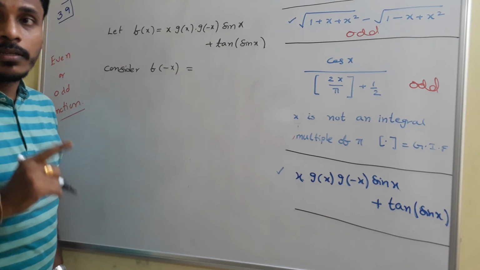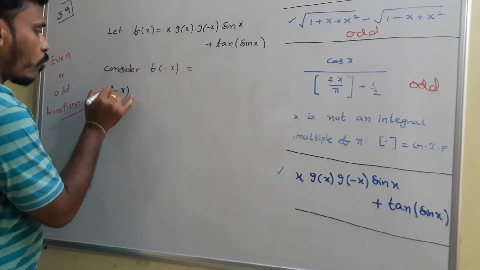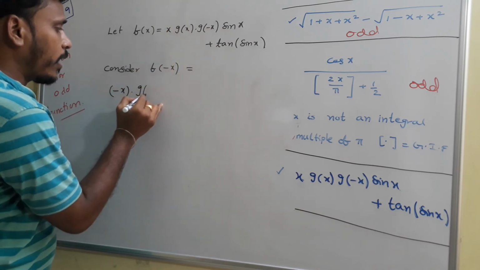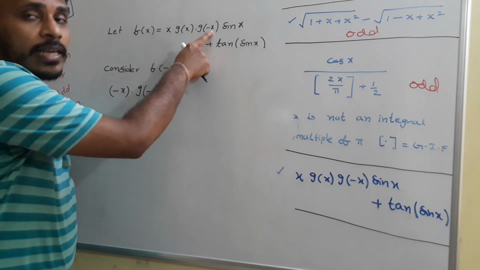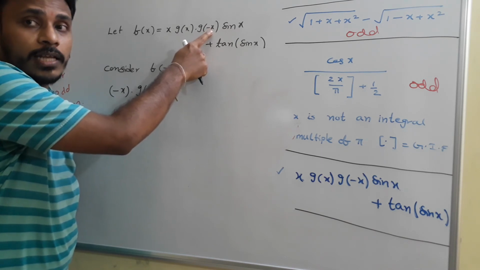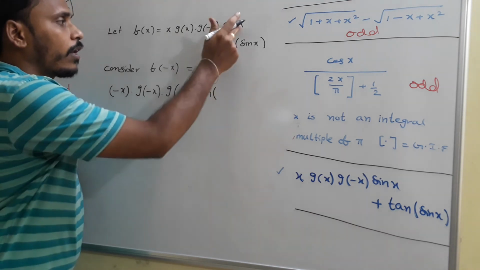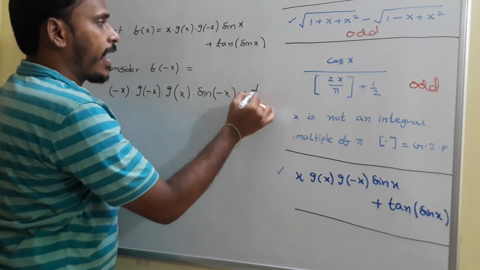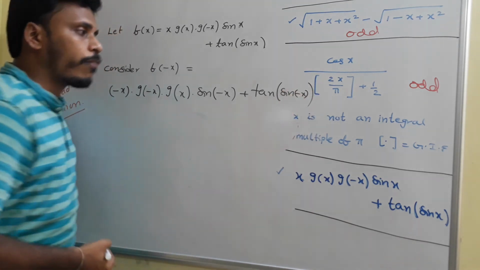f of minus x. Again replace x with minus x. If you replace x with minus x, we get minus x into g of minus x, and I will replace this x with minus x, so minus of minus x, into sine of minus x, plus tan of sine of minus x.